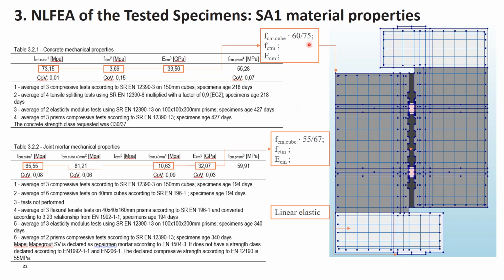For the tensile strength, we had tensile splitting test results and flexural test results, and again I used a conversion based on Eurocode 2. We had elasticity modulus test results, and for the corbels and the support plates, I used a simplification with linear elastic material properties.